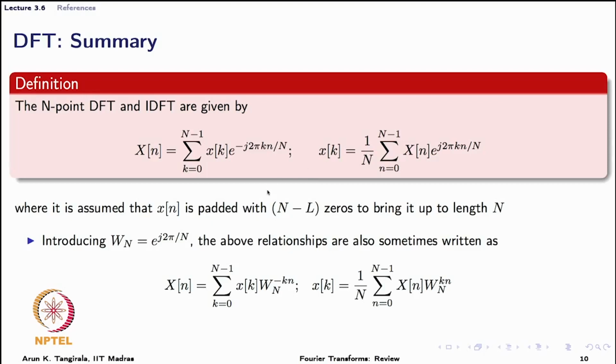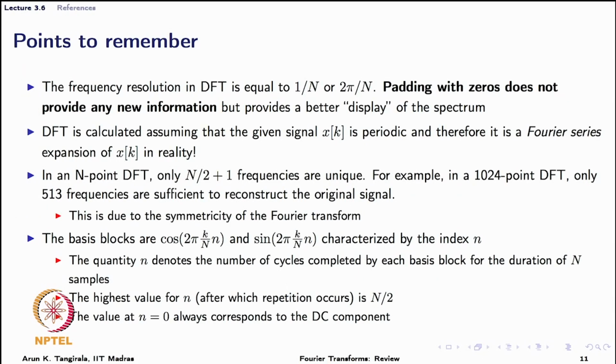Now, this zero padding is something that I mentioned here, we will talk about it a bit later. You can also rewrite these DFT equations by introducing a new quantity W subscript n, so that it becomes easy for shorthand calculations, but in practice we use what is known as the fast Fourier transform, and I will talk about it shortly as well.